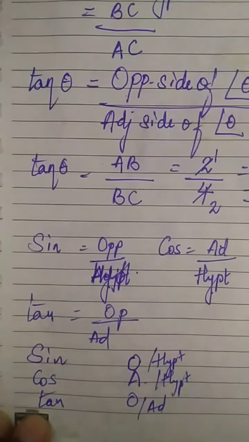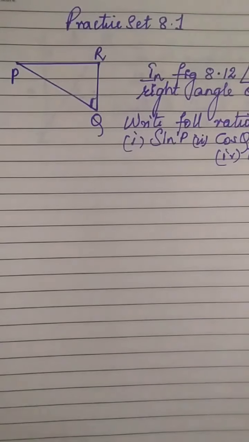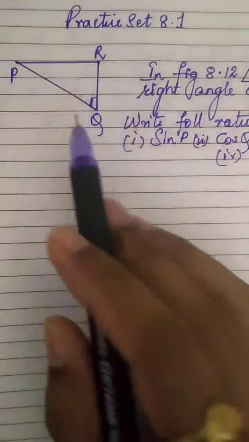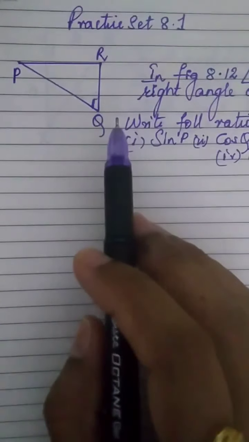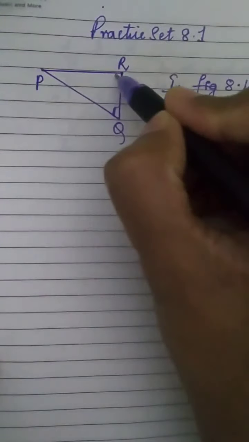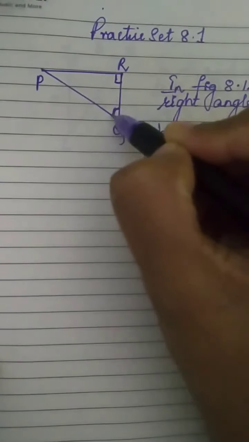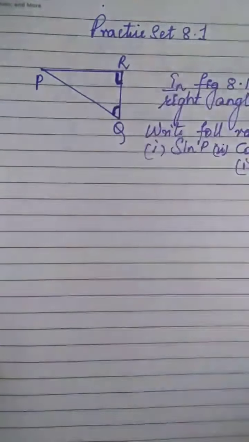Okay, children. So now we are ready to take practice set 8.1. First question: you have a right angle triangle here. As you can see, in figure 8.12, angle R is the right angle, 90 degrees, perpendicular sign I have shown.